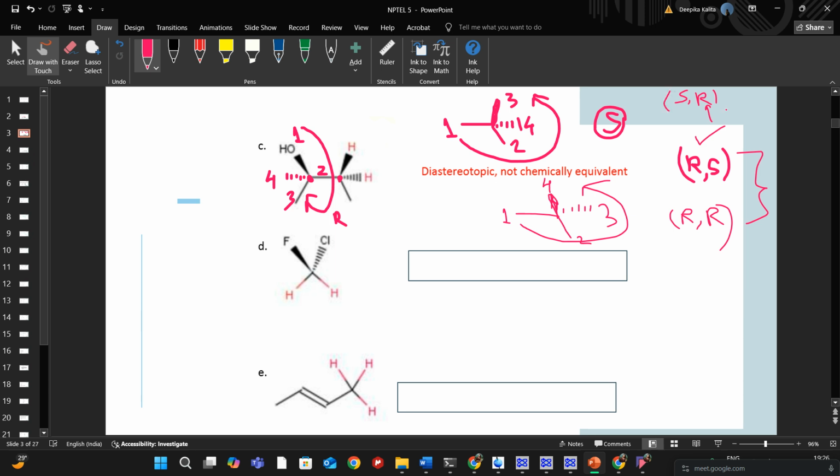So these two have an enantiomeric relationship, but in this case, by replacing the protons with deuterium, we are getting a set which will be diastereomeric to the RS pair. This is why these two protons will be called diastereomeric protons or diastereotopic. Okay, I hope this is clear to you.